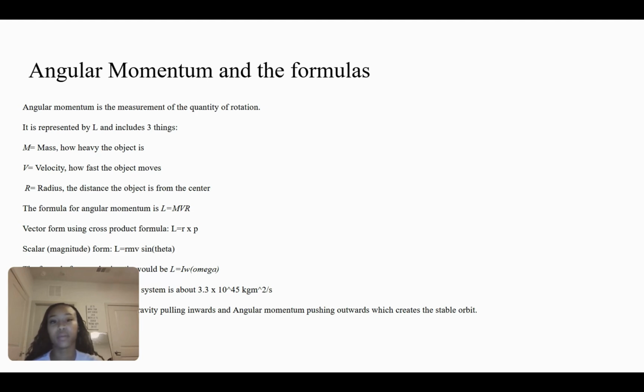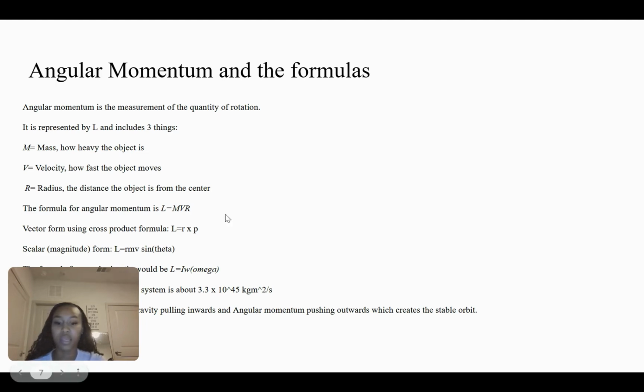And the complete formula for angular momentum is angular momentum equals mass times velocity times radius. The equation for angular momentum in vector form is angular momentum equals radius cross linear momentum. And the scalar, which is the magnitude form, would be L equals r times m times v times sine theta.